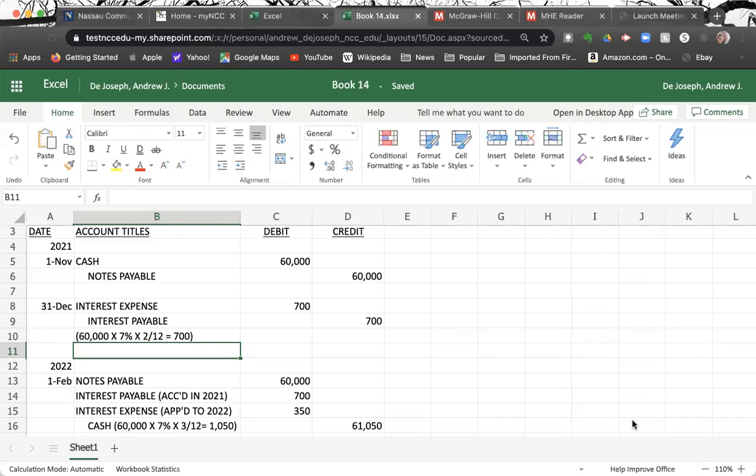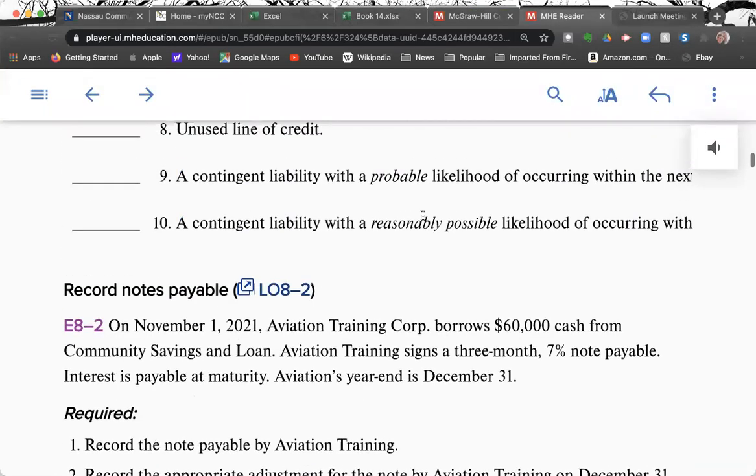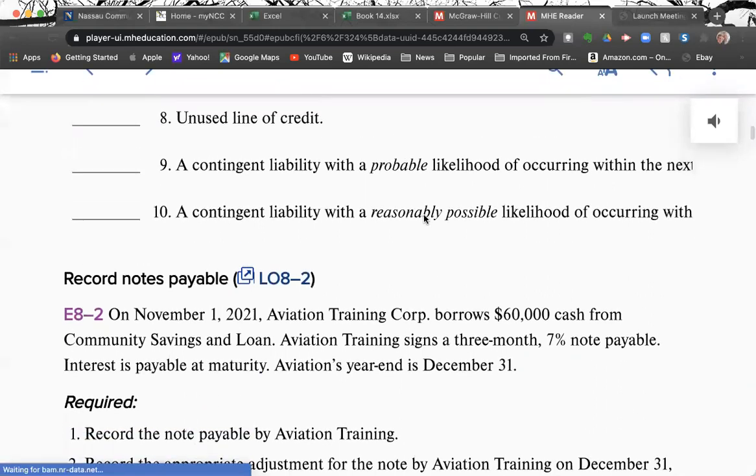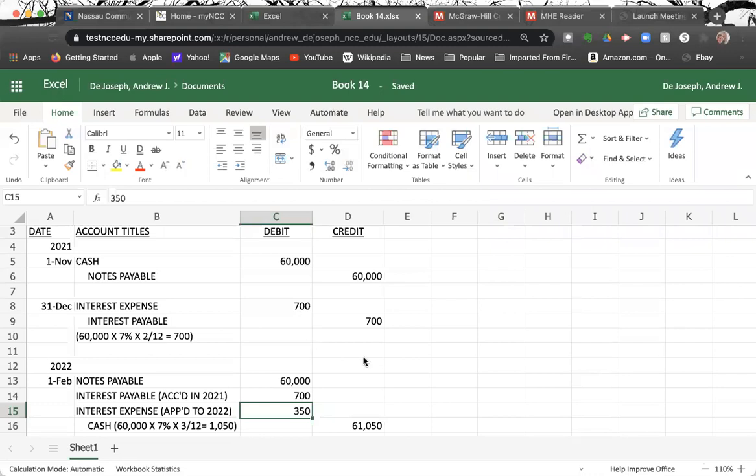February 1st, which is into next year, pay the money back. Pay the $60,000 back plus all the interest. Debit interest payable for the interest that was accrued in 2021. Debit interest expense for the interest expense that's incurred in 2022. Right, and you get a nice explanation of how to do that right back in the text.